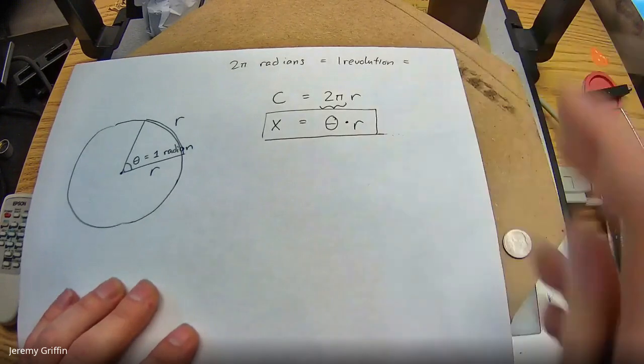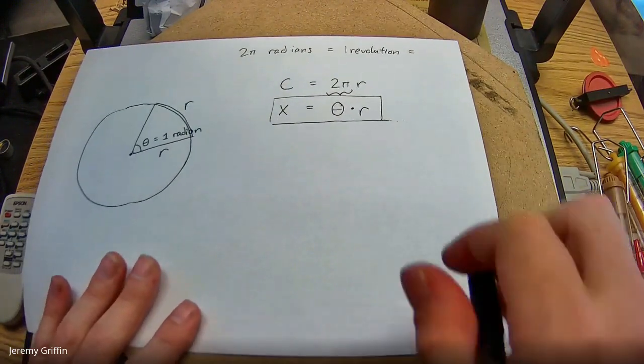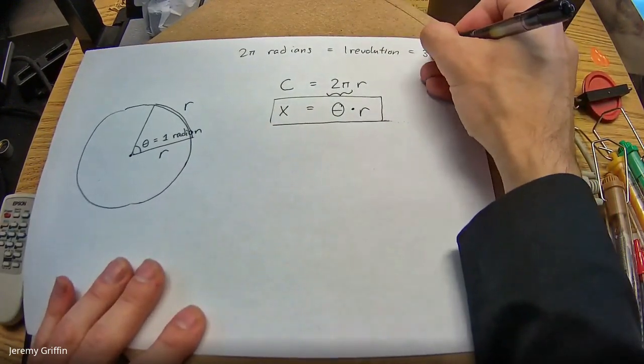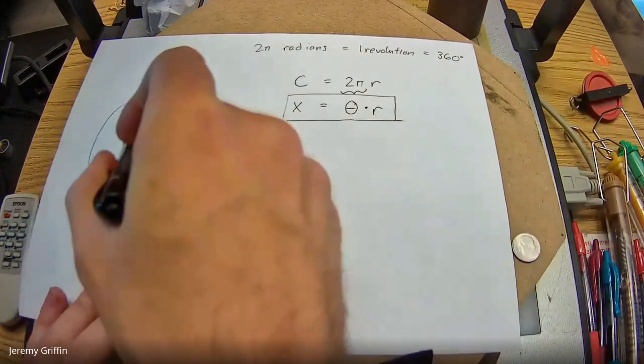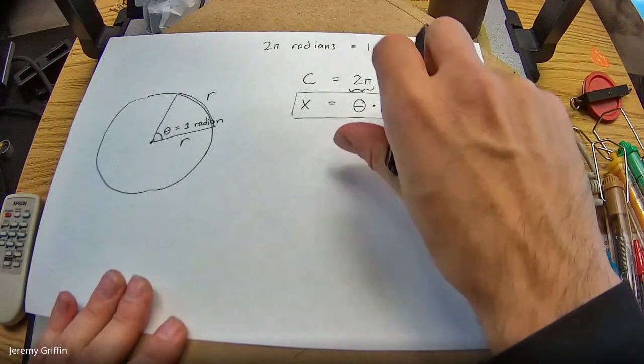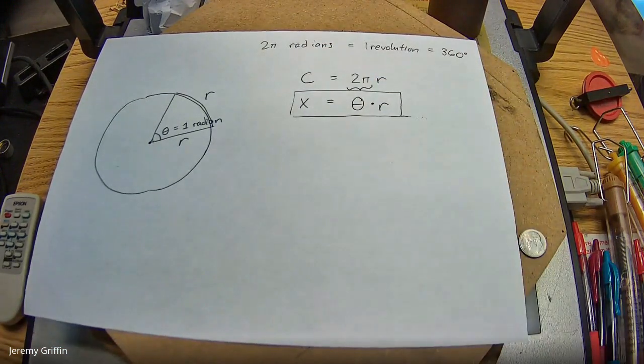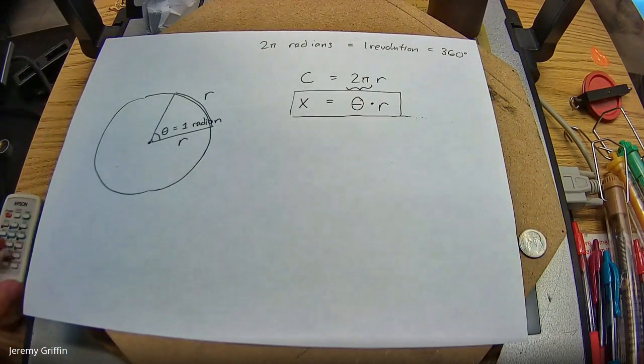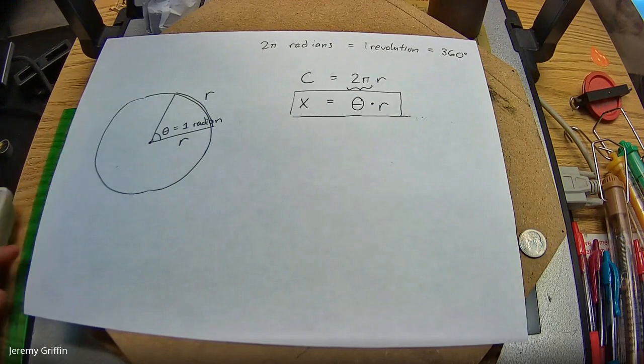It's the same thing as how many degrees? 360 degrees. So 1 trip around the circle, 1 revolution, is the same thing as 360 degrees, the same thing as 2 pi radians. Again, I've been telling you guys that radians is actually the best way to measure angles, and you'll see why as we start to apply some equations.